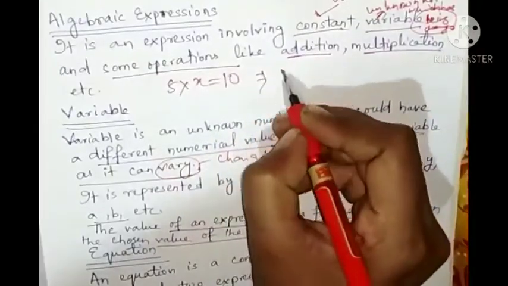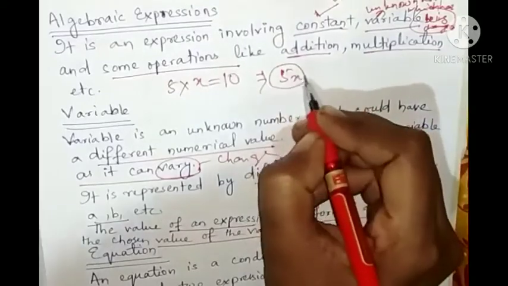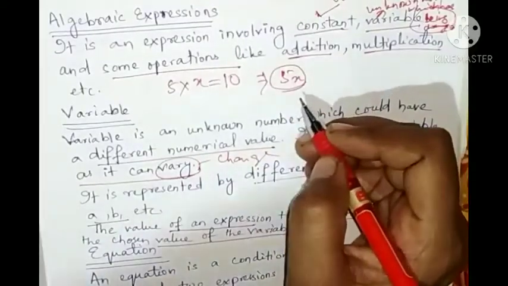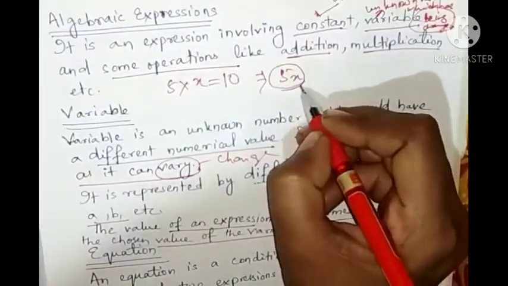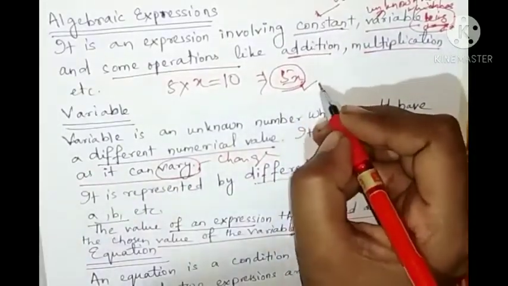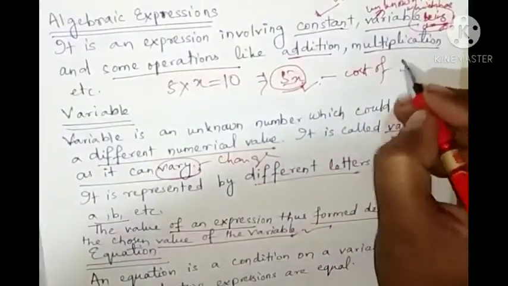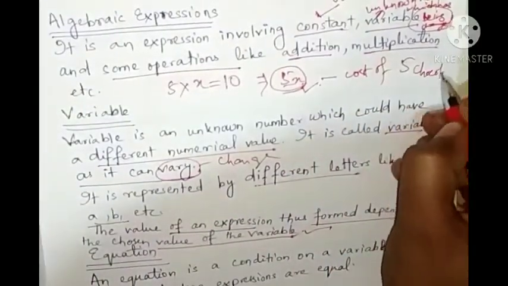Here we have 5X. Here 5X is 5 chocolates. So 5X is an algebraic expression expressing the cost of 5 chocolates.